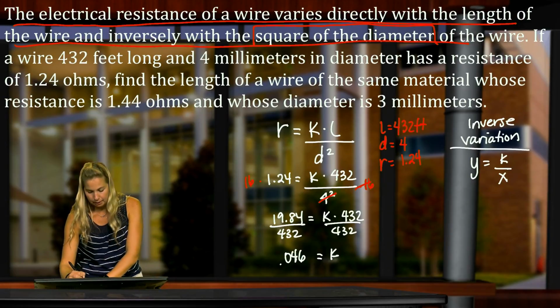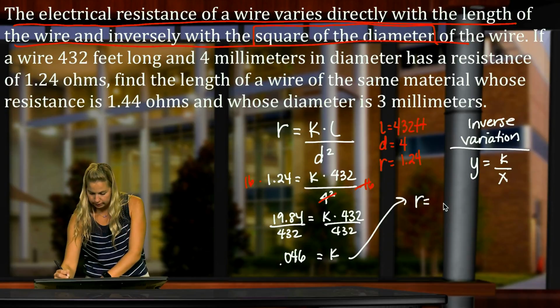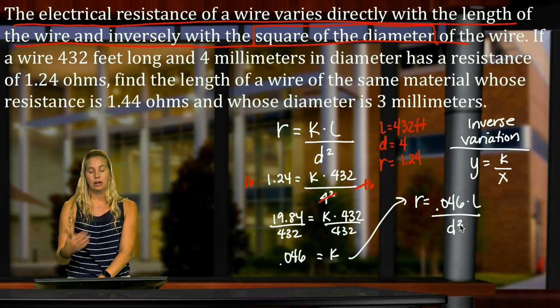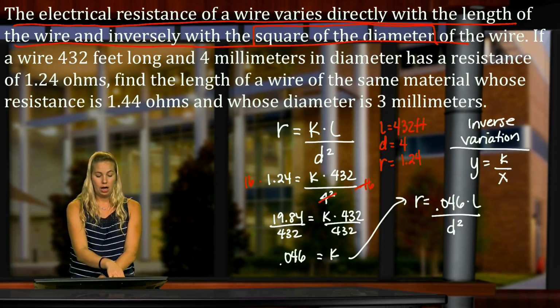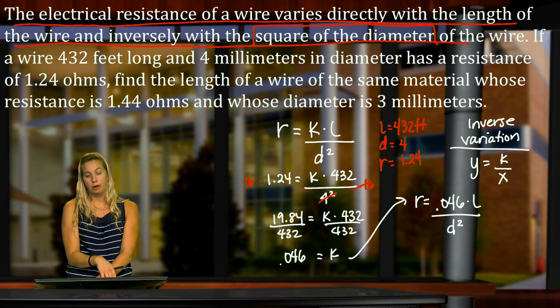So now I can set up my model. My model is R equals 0.046 times L divided by D squared. Now using this, we can plug in to find the length of a wire whose resistance is 1.44 ohms.